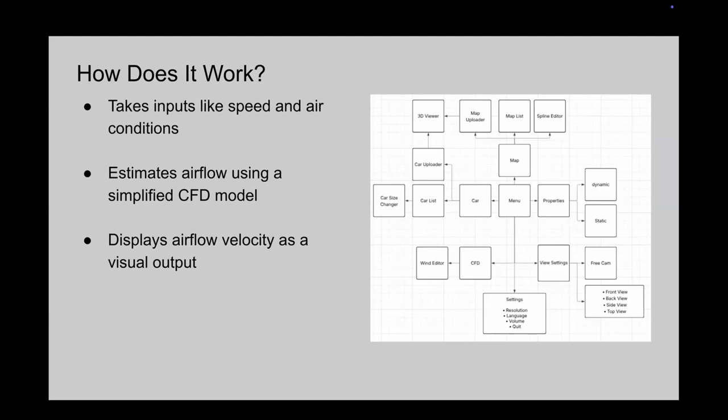Basically, the system takes the user input like speed, environment condition, and the vehicle properties, and then the platform runs a simplified CFD-based simulation in real time. Instead of only showing the numbers, the platform visualizes the airflow velocity and pressure around the vehicle using color mapping.